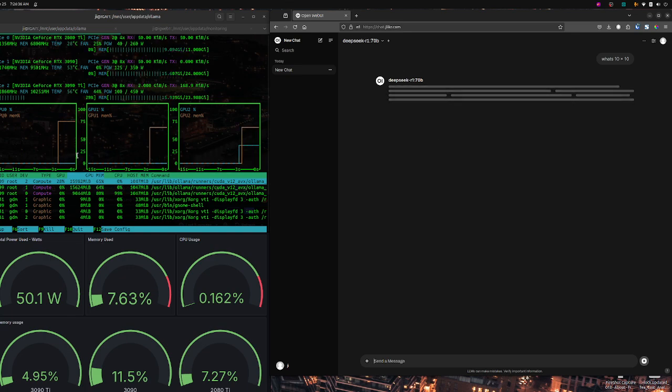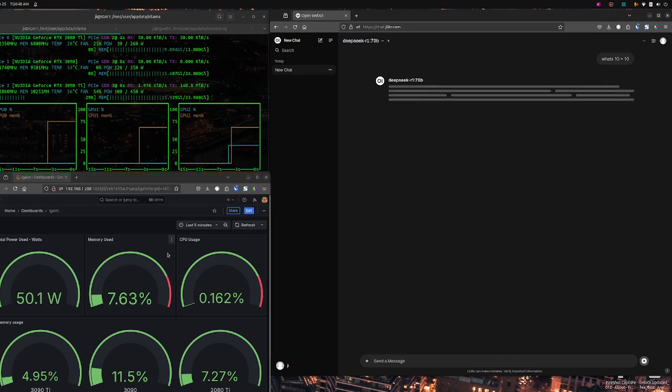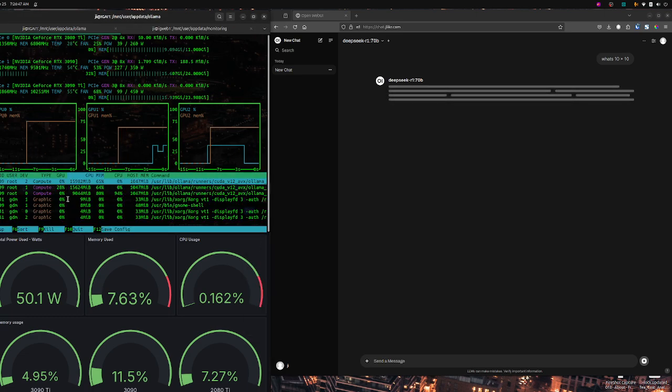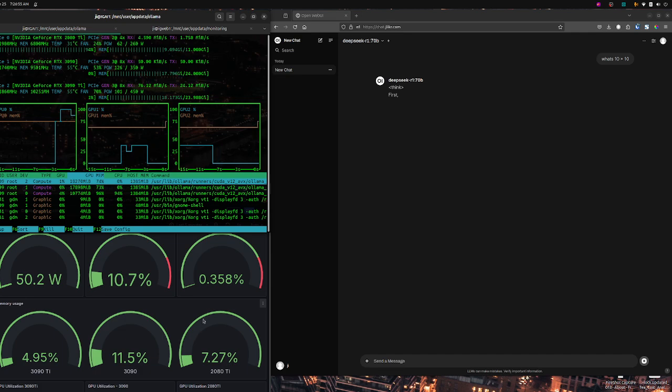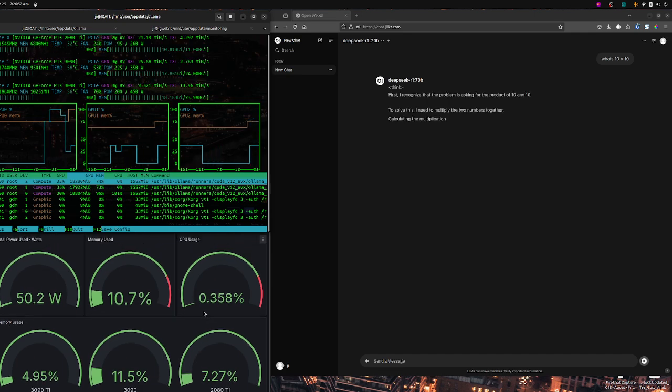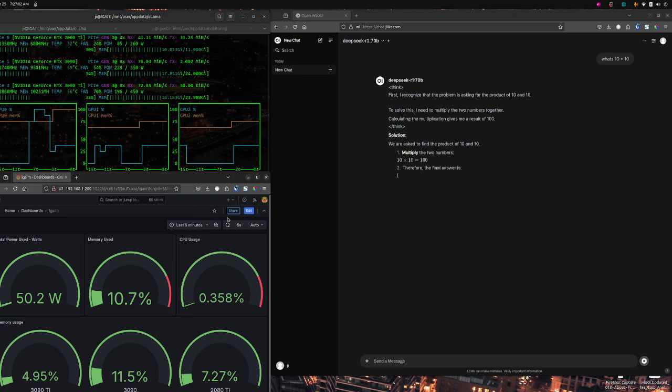here on NVTop we already have some movement. I don't know if this is going to refresh automatically. We're still waiting. Again, it's going to take some time. Alright, so we are getting some movement.